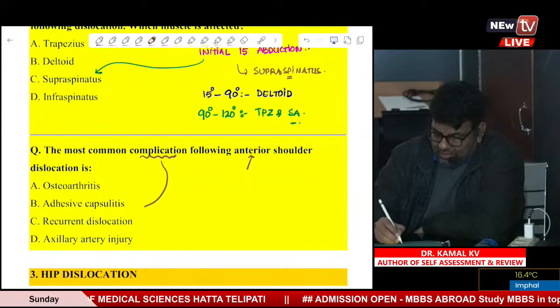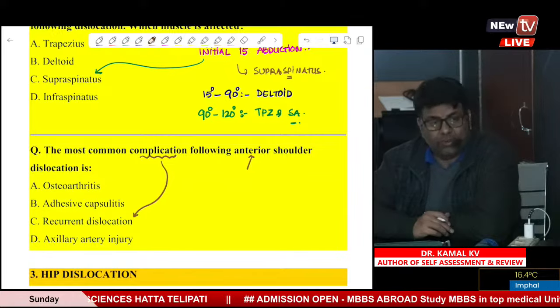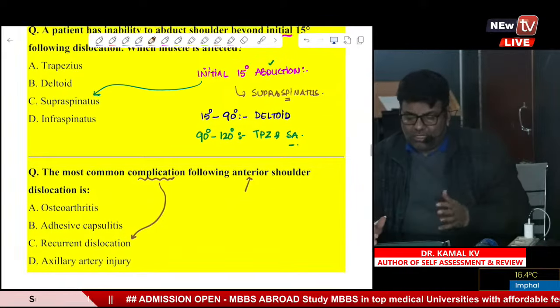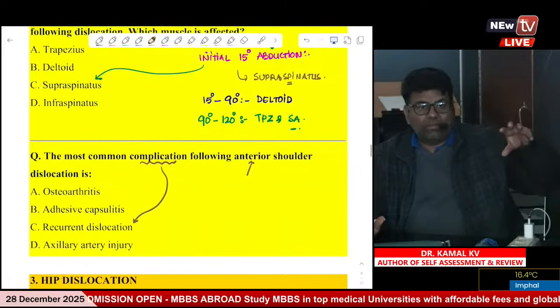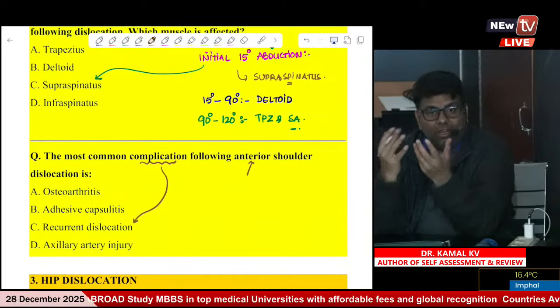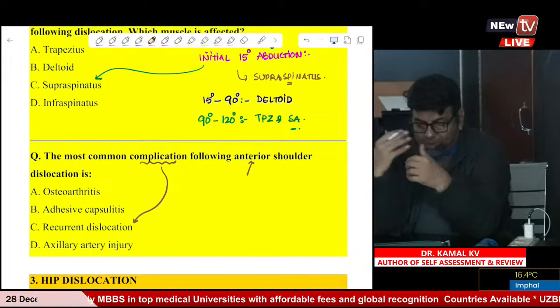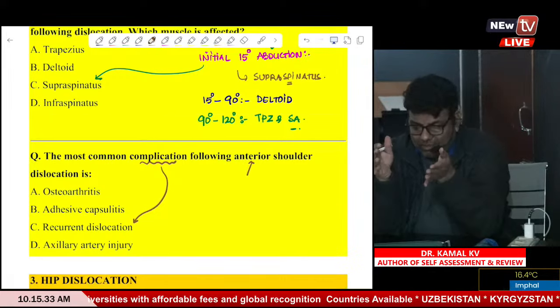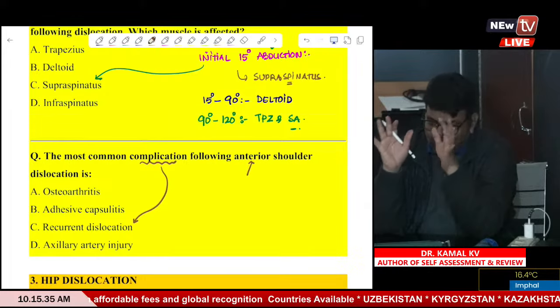Once it dislocates, there is high possibility of dislocation again and again. So this is how you should know the concept, and how a particular concept can be framed into a complex looking question. But if you read the statement properly, you can answer.